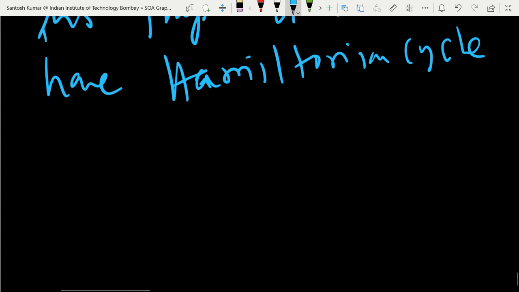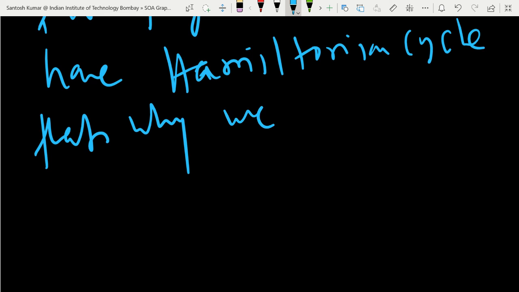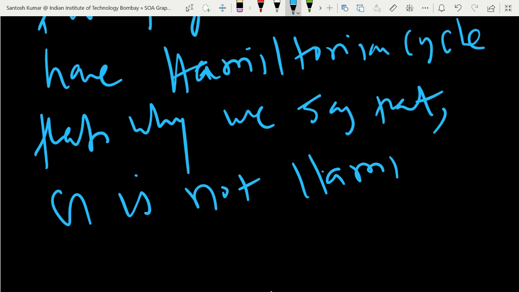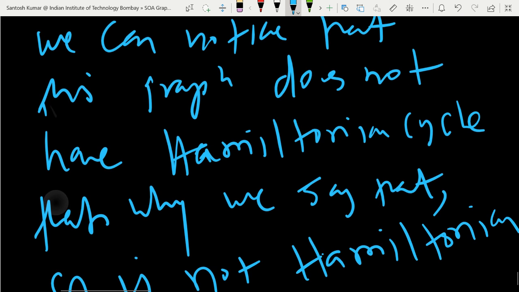That's why we conclude that this graph G is not Hamiltonian.